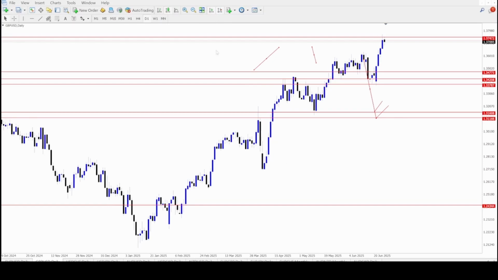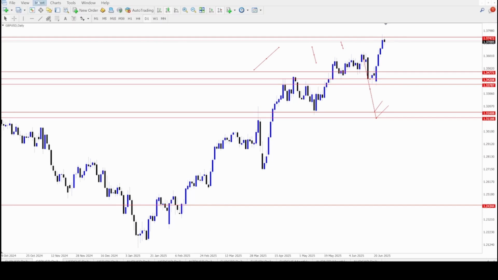So for the daily, this is what I'll be looking out for. Since price has already come into this major zone and has given us a bearish day close, possibly we might see price drop a little when the market opens. So there's a possibility that happens.